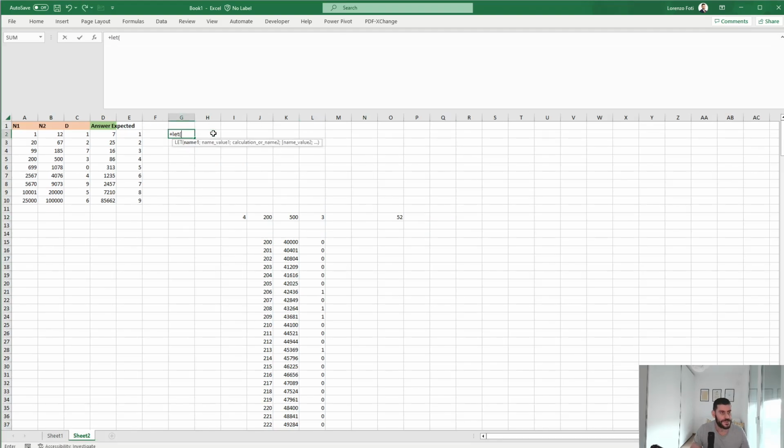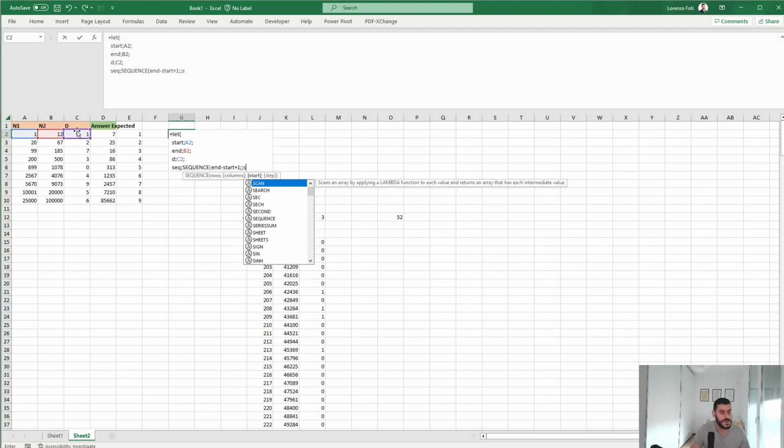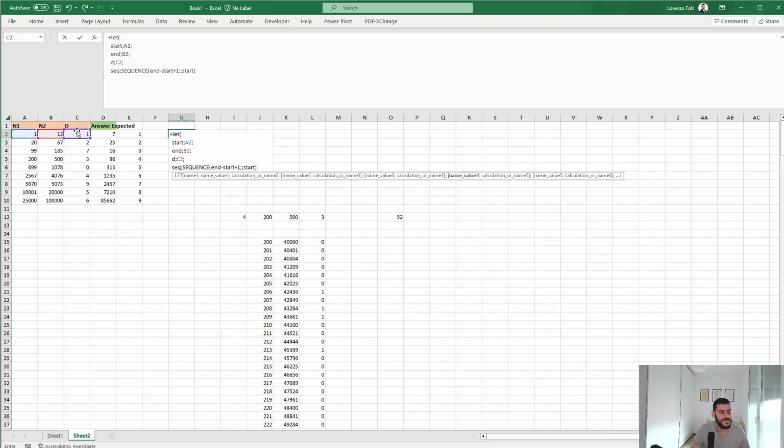So let start this and this. Sequence will be sequence of n minus start plus 1, starting from start.